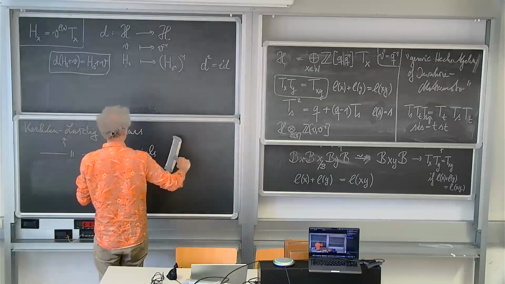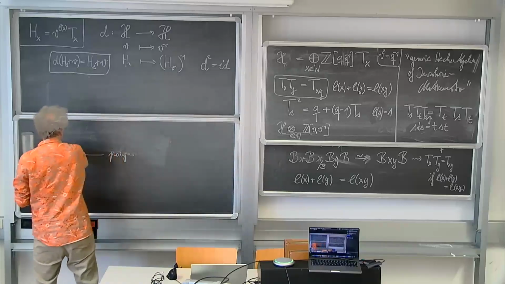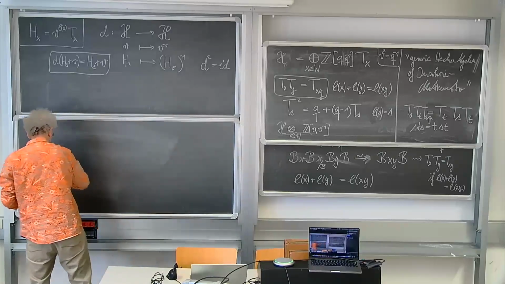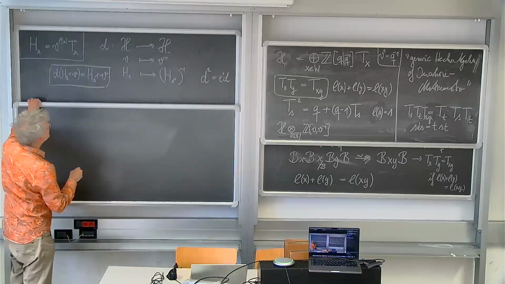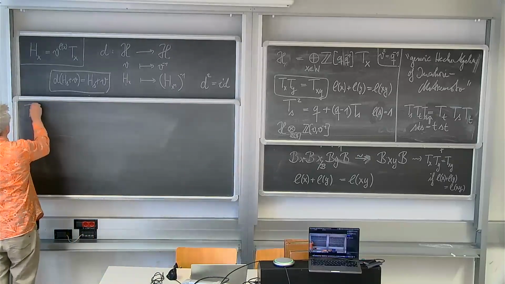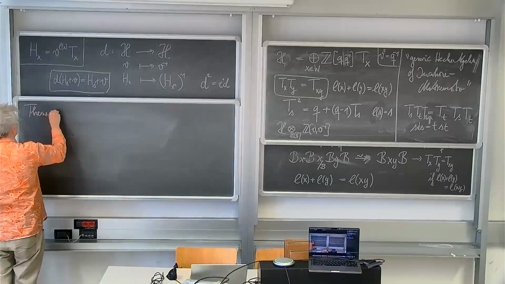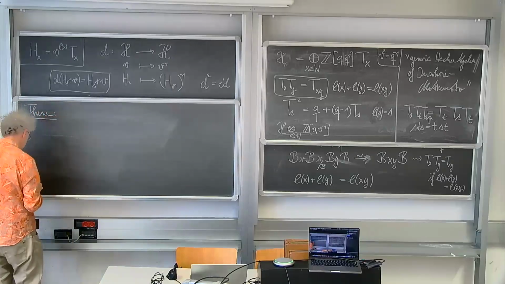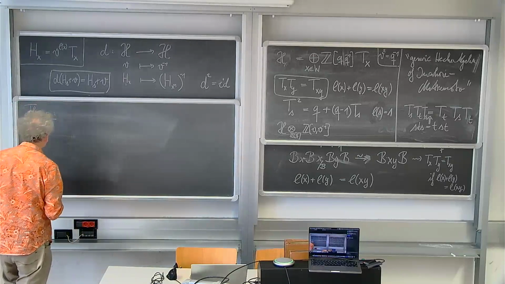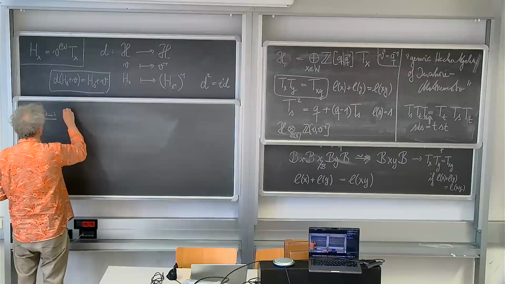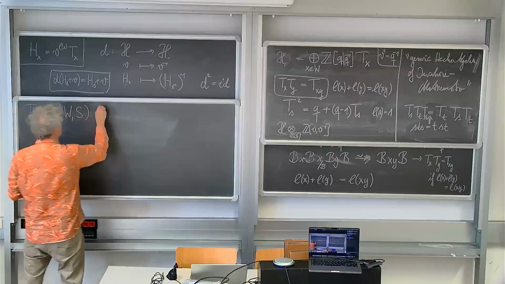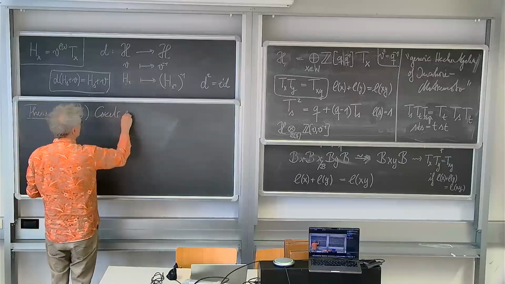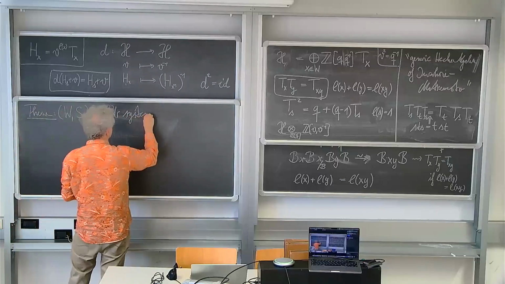And so for these Kazhdan-Lusztig polynomials, there is a theorem. Namely, we could take an arbitrary Coxeter system now, or take the group that we want.